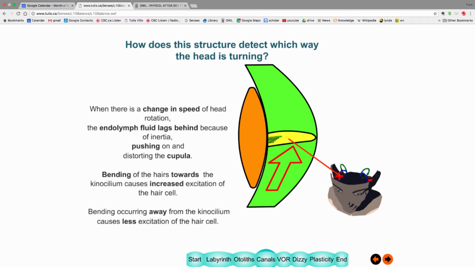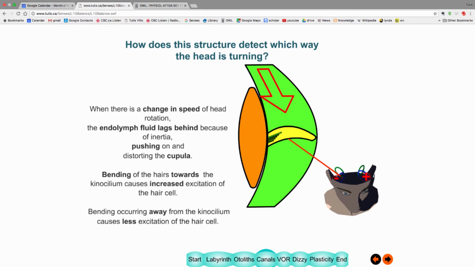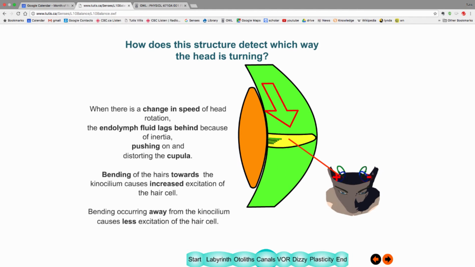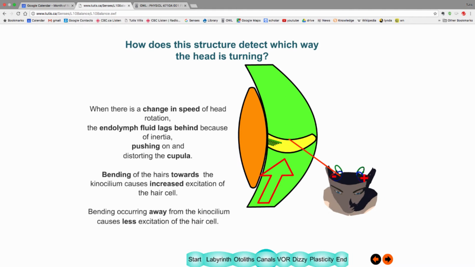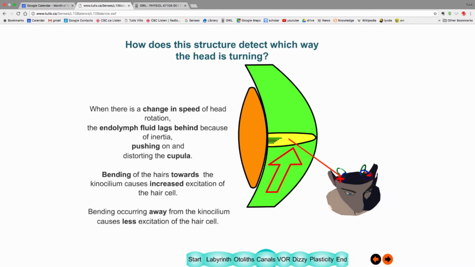So you can see here that as you turn, you bend the hair cells, and in the case of the horizontal canal, if you turn in one direction, you increase the firing rate. If you turn in the opposite direction, you decrease the firing rate.